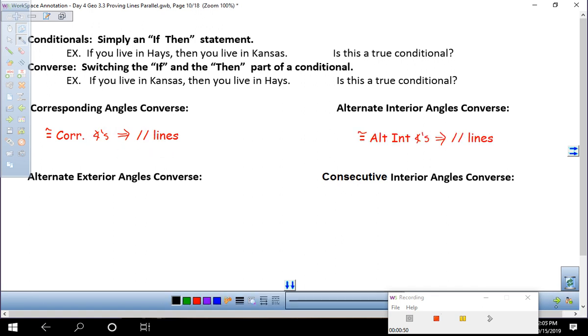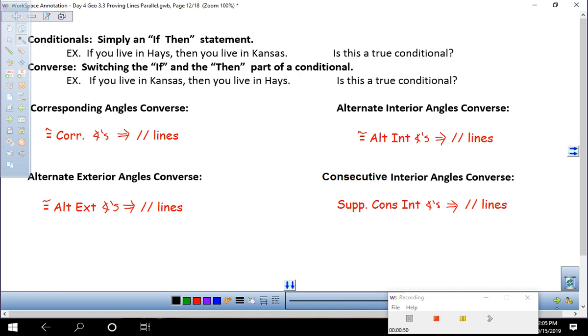We've got our alternate interior angles converse. So congruent alternate interior angles mean we're going to have parallel lines. So we just flip those around from last time. We also have congruent alternate exterior angles will give me parallel lines.